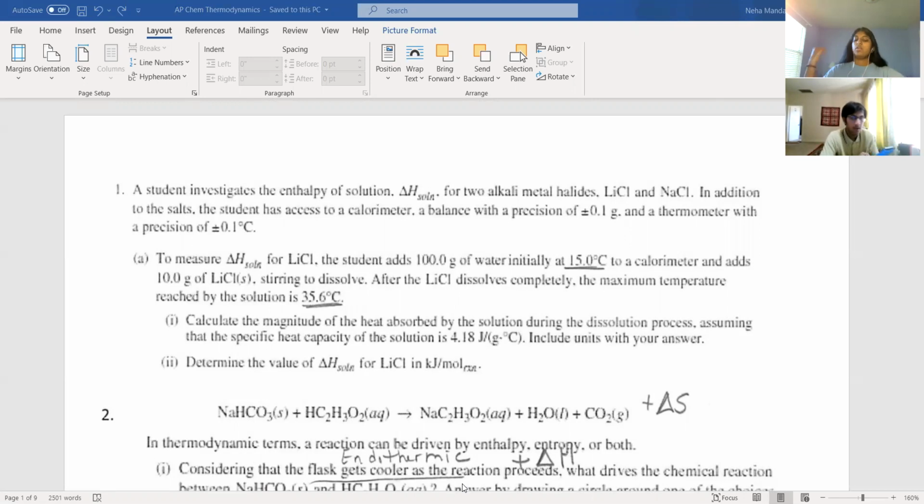The magnitude of heat absorbed. Yeah, that's Q. Got it. So 110 times 4.18 times 20.6, and that's approximately 9,472.